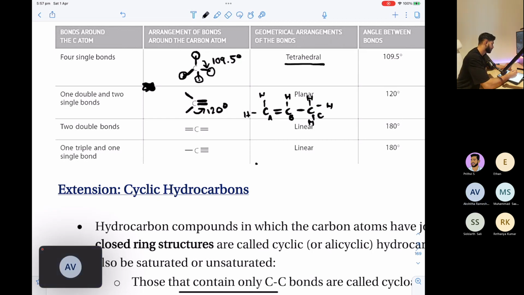Do you see A is the one carbon that has a double bond and 2 single bonds? And I've drawn it like this to confuse you because the expanded structural formula does not account for bond angles. So whatever we're drawing here is not right. This is just for simplicity's purpose. In reality, it should be drawn kind of like this.